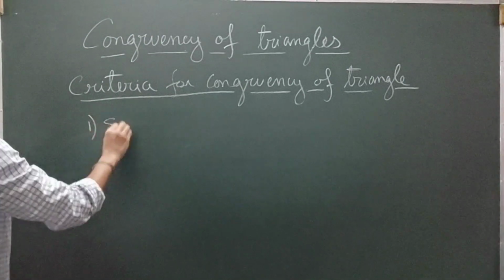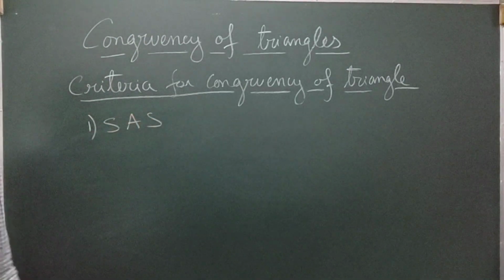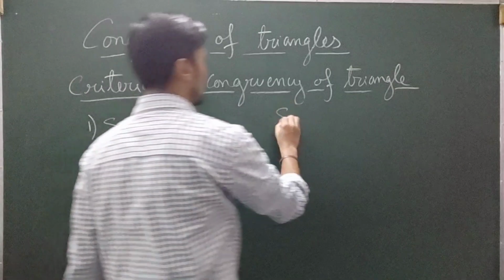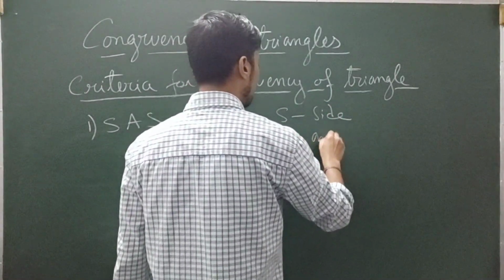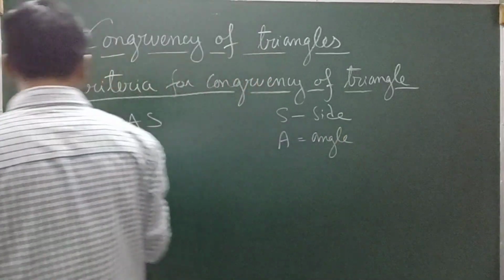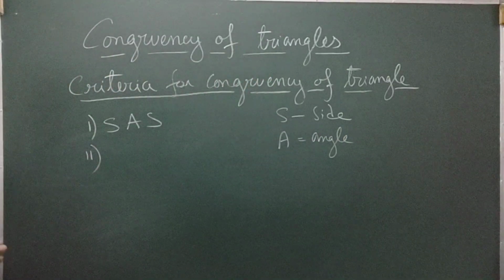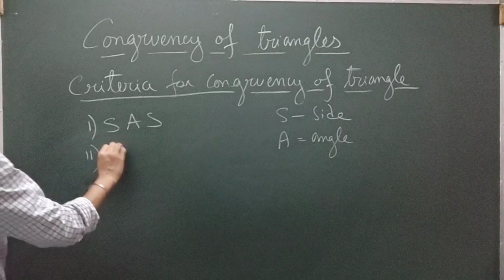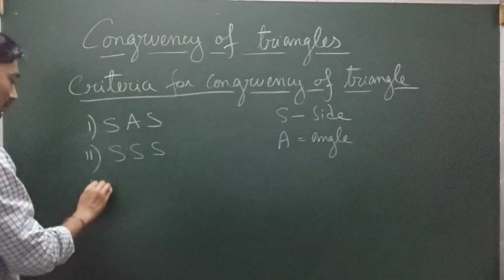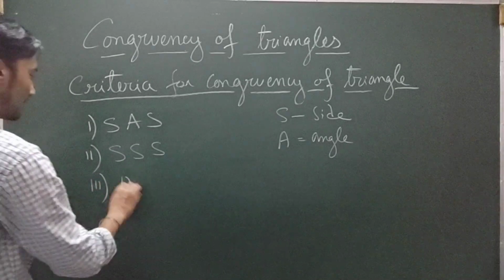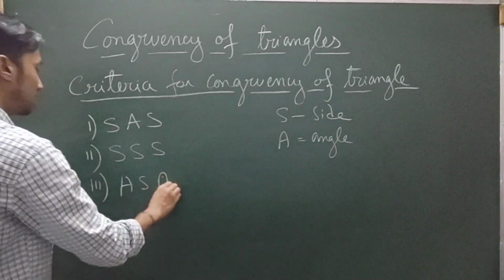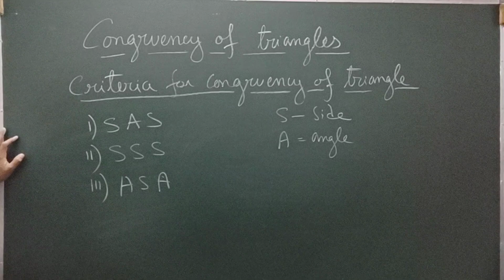The first criteria is side, angle, side. I'm just writing it in short: S means side, A means angle. I'll explain one by one, but let us first write down the criteria. First one is side, angle, side. Next is side, side, side. I'm giving you all of them in this topic itself, so it will be beneficial for us in the second exercise also. Third is angle, side, angle.